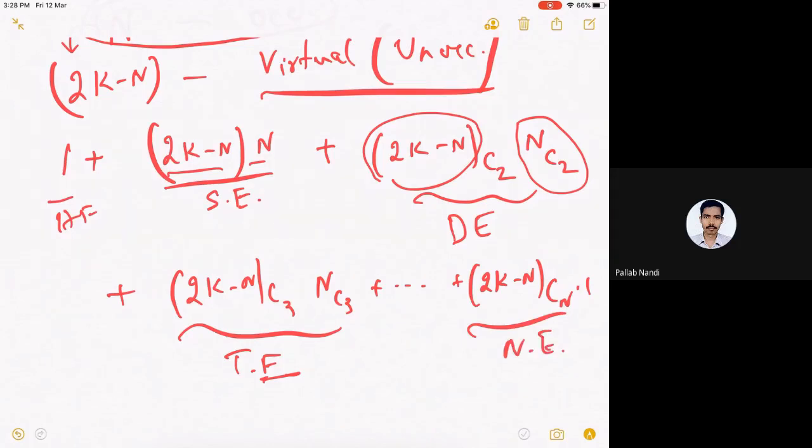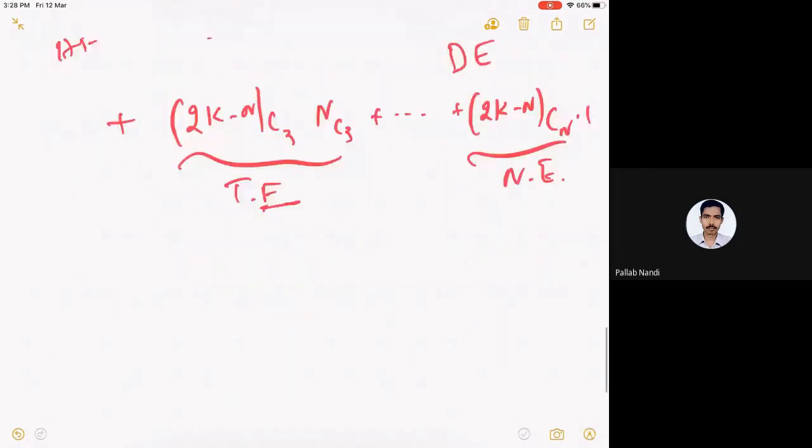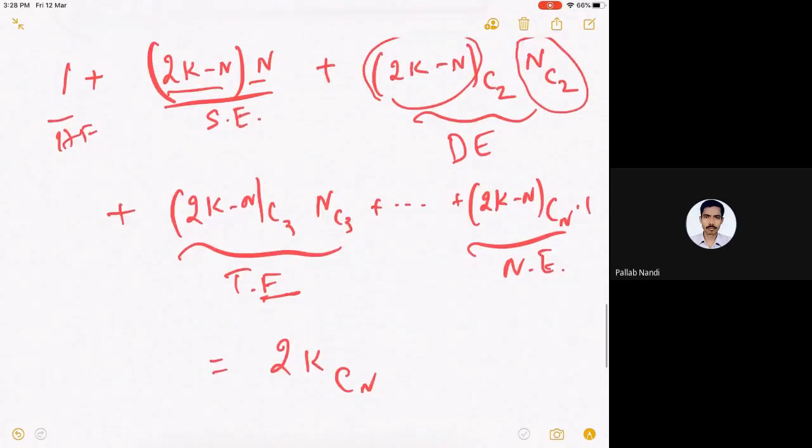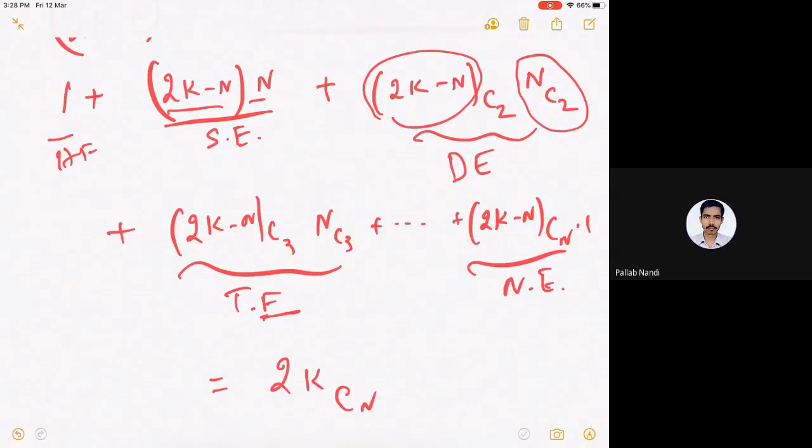If you sum all of them, they must be equal to 2kCn. In fact, if you remember, these are the kind of combination problems that are given in school. So this is also the same way I can write 2k minus n C1 times nC1, and 2k minus n C0 times nC0, that is 1 times 1.